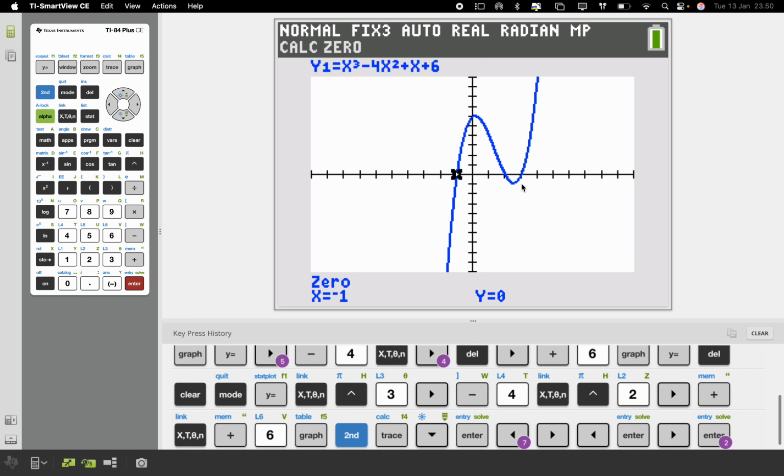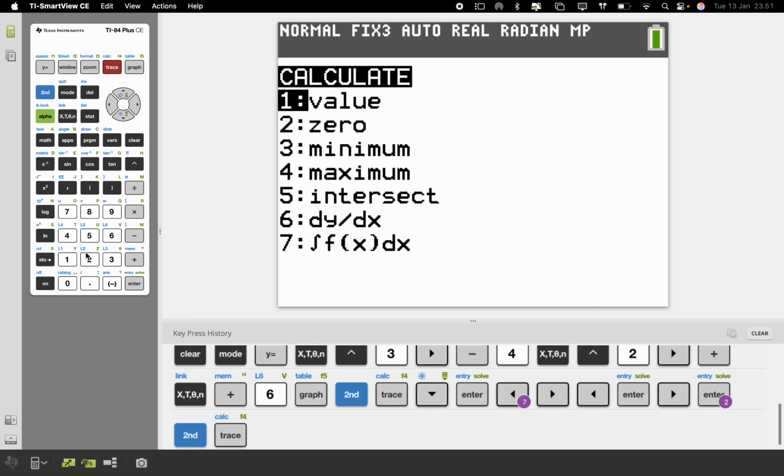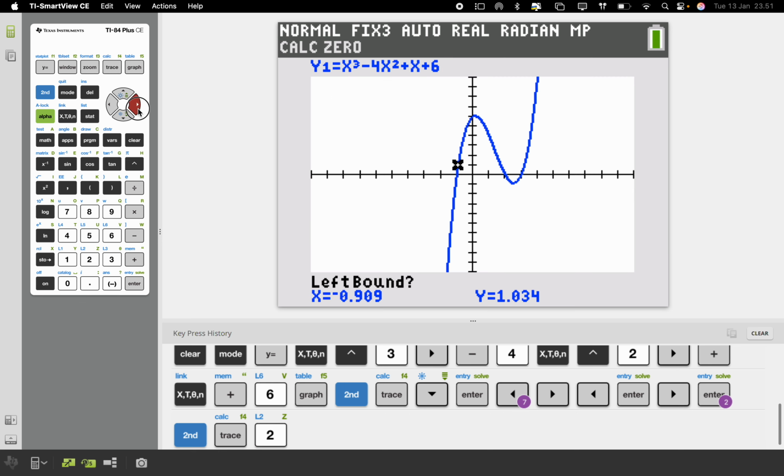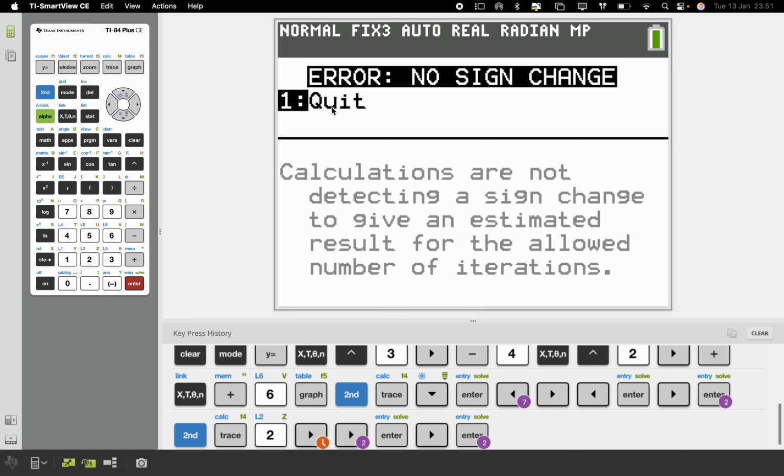Okay, similarly let's find the second one. Press second, trace, number 2, take the cursor to the left side of this point, above the x-axis, so enter. And now if I do not take the cursor to the right side and I just press enter, it will show an error, quit.